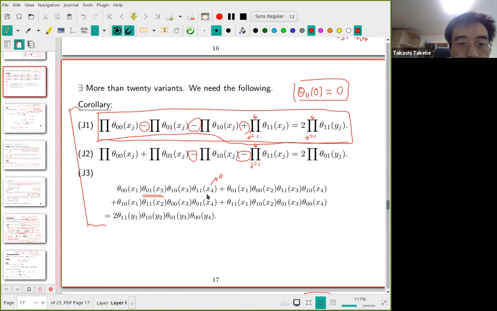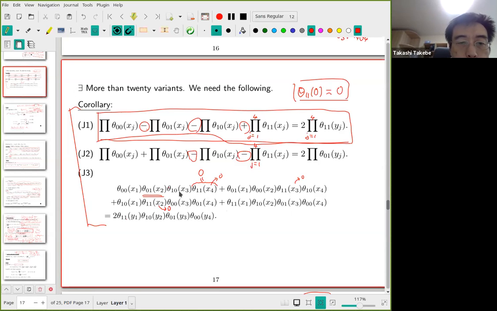If we fix x4 to 0, then here is theta 1, 1 of 0. So this is 0. So this part, this amount vanishes. Here is the theta 1, 1, and here is theta 1, 1.